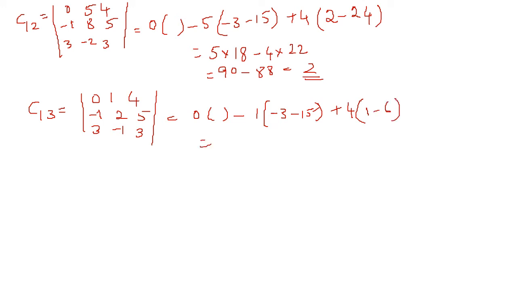So it is equal to 1 into 18 and it is positive. So 18 plus 4 into minus 5. So 18 minus 20 which is equal to minus 2.